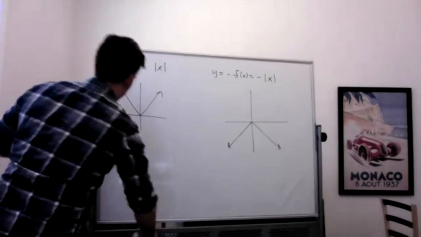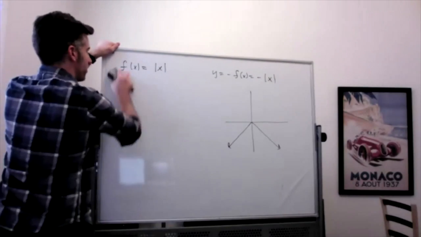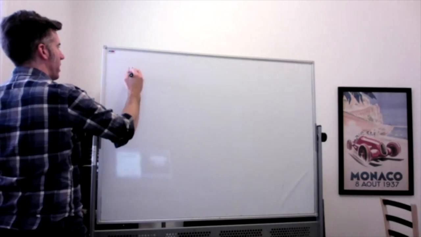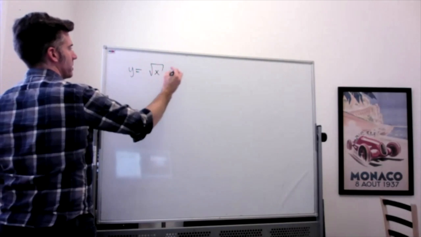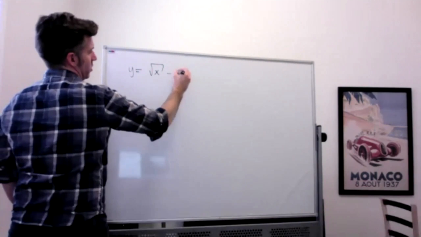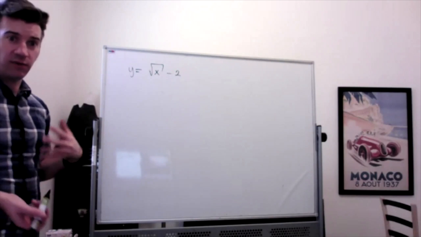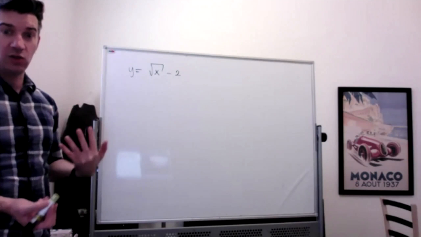So here's the idea. And I really like the square root function for this. I want to graph y equal to the square root of x minus 2. I know from what I just said, that's going to shift the original parent graph down by 2 units.